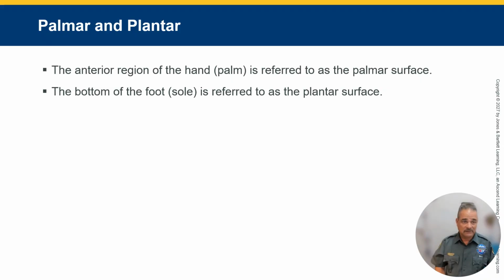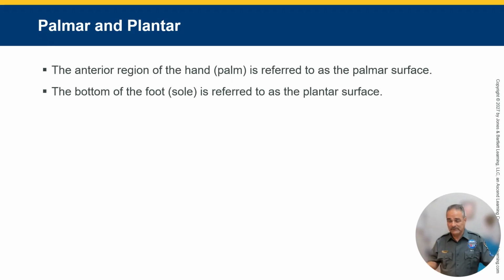Palmar and plantar. It's the anterior section of the hand, palm surface. Okay, we all know the palm of your hand. Okay, and the plantar is the bottom of your foot. Pretty simple. When we talk about reference to a problem, a person has pain in the bottom of their feet, we can usually relate that to plantar fasciitis.